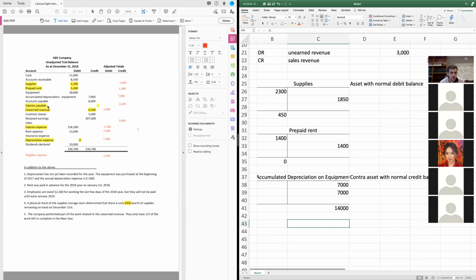Now, next one would be salary payable from 0. Now it's 2,100, right? Unearned revenue from 4,500, and then you reduce it. So now it should be 1,500. Sales, okay, so what's the sales number?